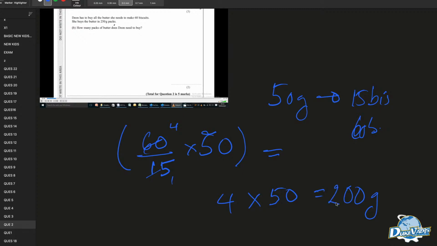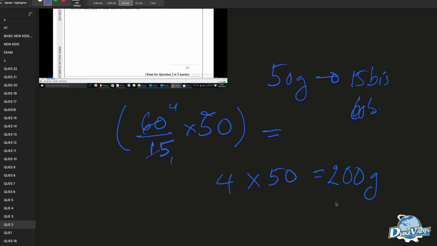But bear in mind that the question says she needs 3 times as much flour as sugar. So note, she needs 3 times as much as sugar.